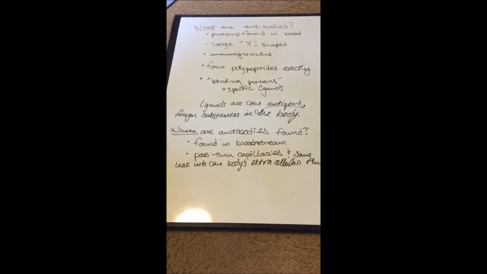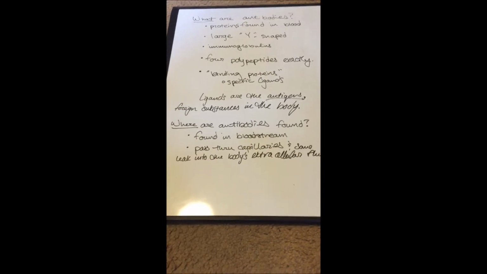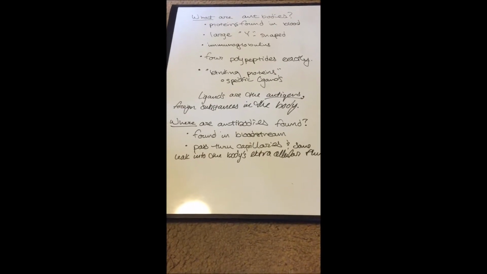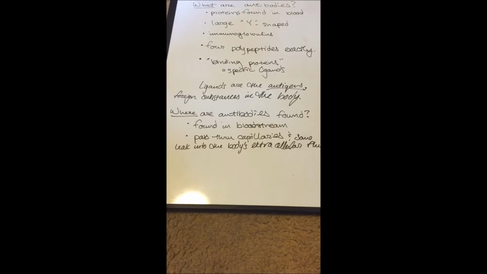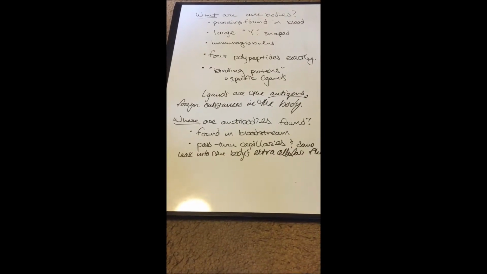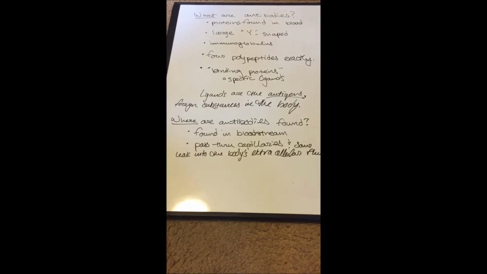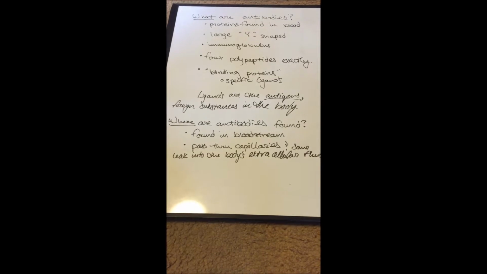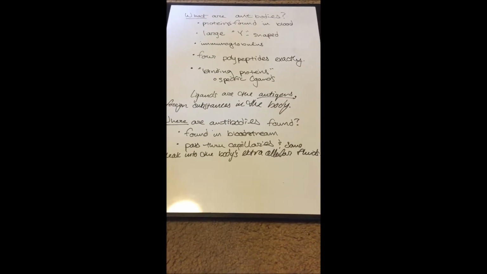These bind to very specific ligands in the bloodstream, which are known as antigens, or foreign substances found within the body. Antibodies are found in the bloodstream, but they can also pass through capillaries, and sometimes they may leak into the body's extracellular fluid.